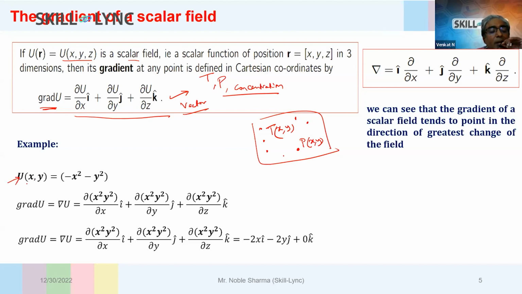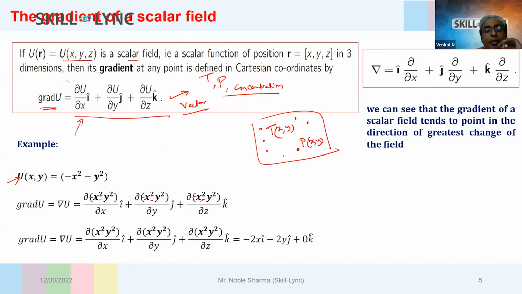Okay. So for example, here we have this scalar field given by u of x, y as minus x square minus y square. If you do the gradient of u using this simple relationship, dou u by dou x, right? Some typo is happening here, the minus x square minus y square should be there.